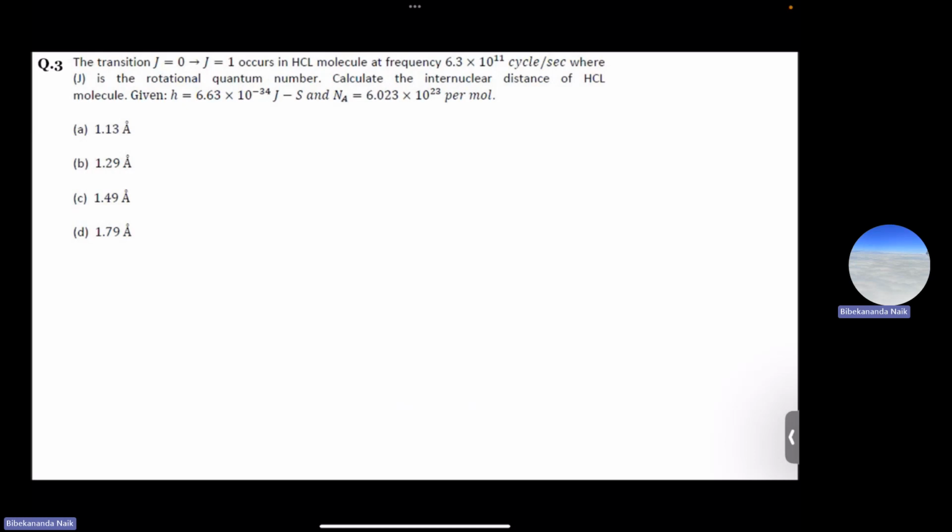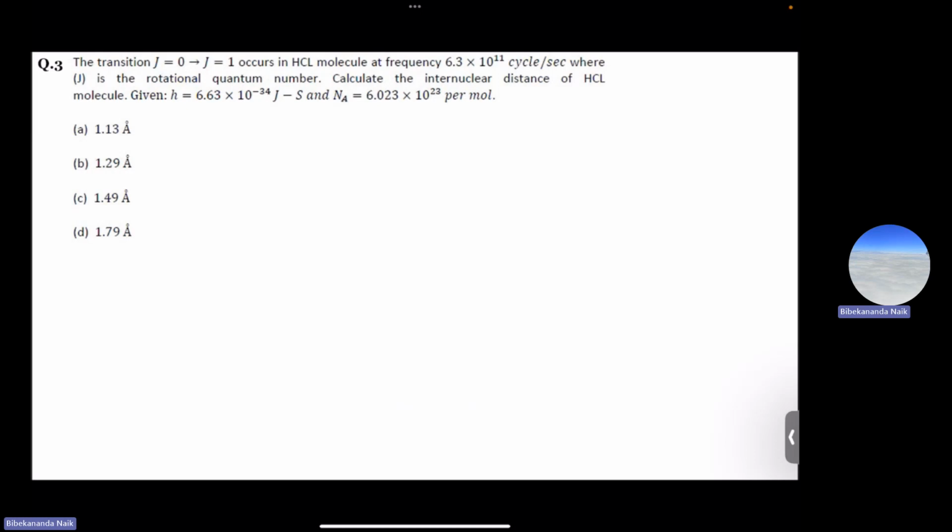Calculate the internuclear distance of the HCl molecule. Given the value of h is 6.63 into 10 to the power minus 34 joule second, and the value of Avogadro's number is 6.023 into 10 to the power 23 per mole.